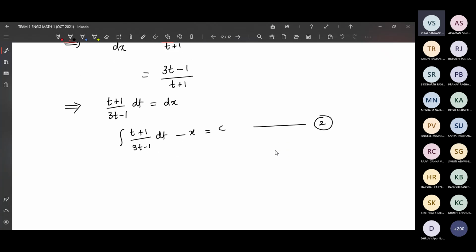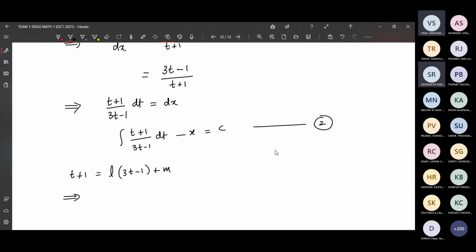Usual division you follow here, it means that t plus 1 is some L times 3t minus 1 plus some remainder m, subject to what L and m are. Division property: you can equate the coefficients on both sides.